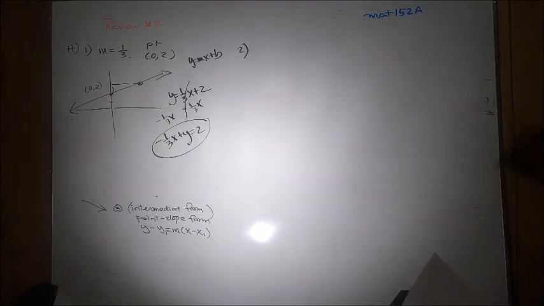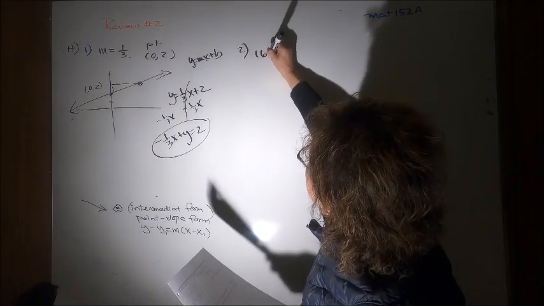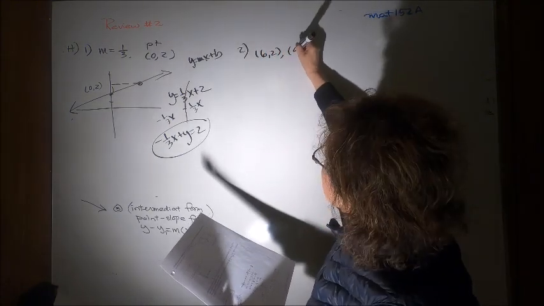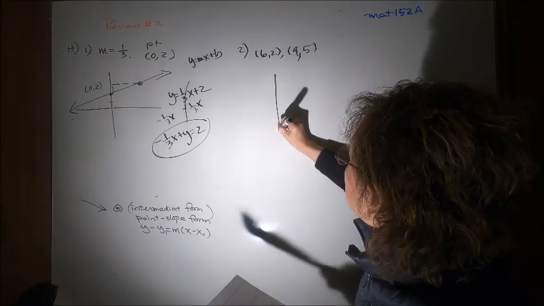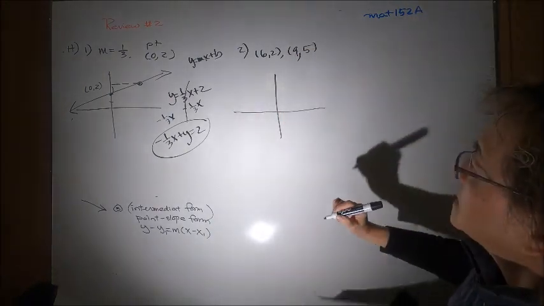Next one, it says write the equation of the line which goes through 2 points. One is (6, 2), another one is (9, 5). Okay, so why don't we just graph it, see how it goes.